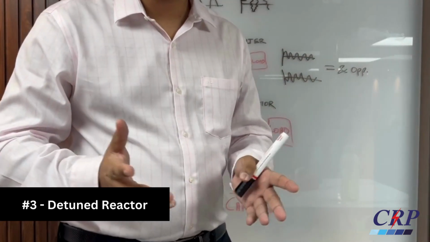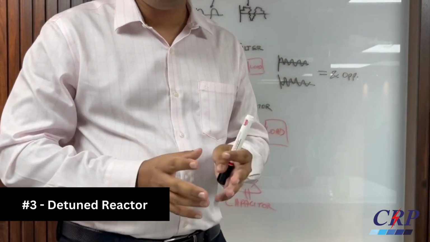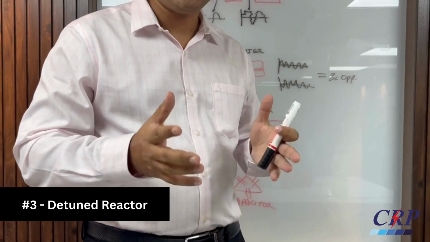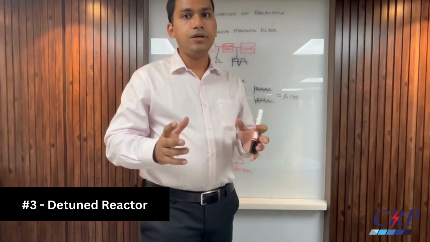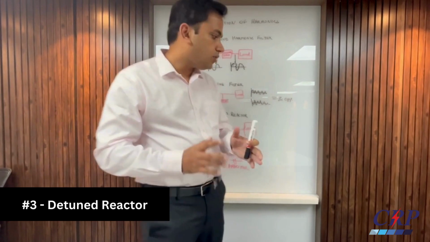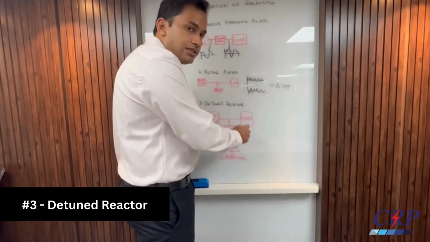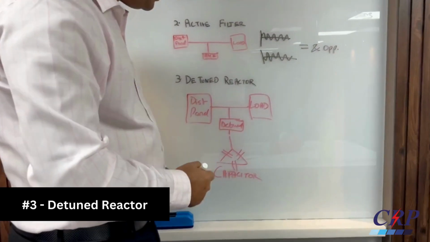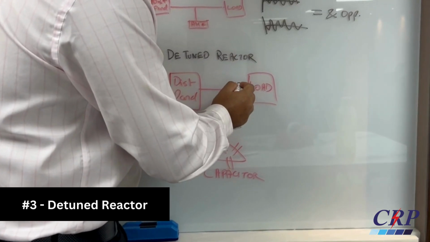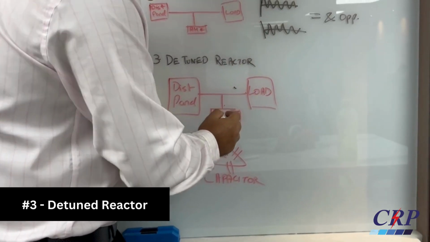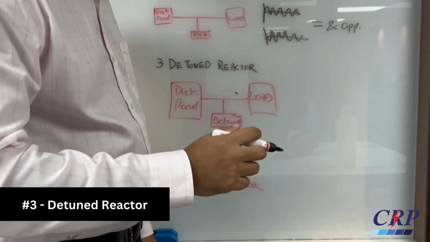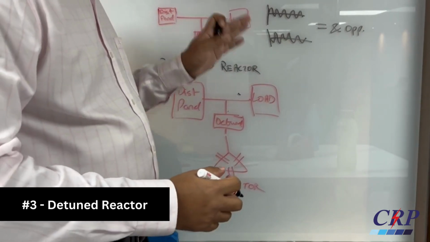Some of you may also have seen some transformer-like equipment installed in your capacitor panels. They are not transformers, they are basically detuned reactors. What does this detuned reactor do? This is my distribution panel, this is my load. When the load is generating the harmonics, this detuned reactor will block the high frequencies. Like we saw in passive filters, it does the same job.